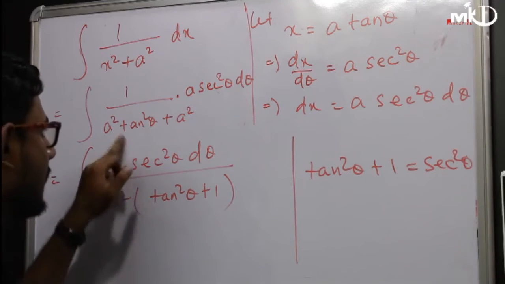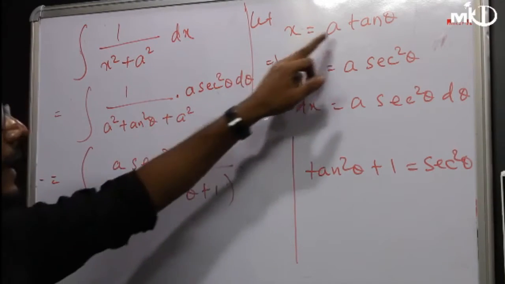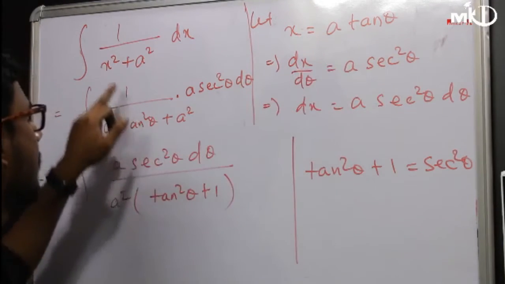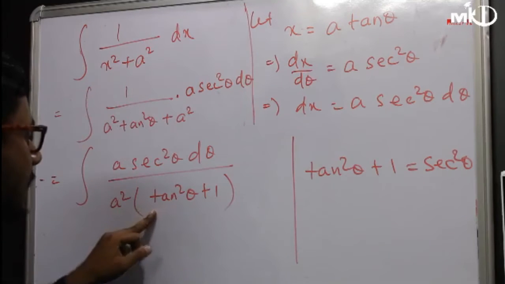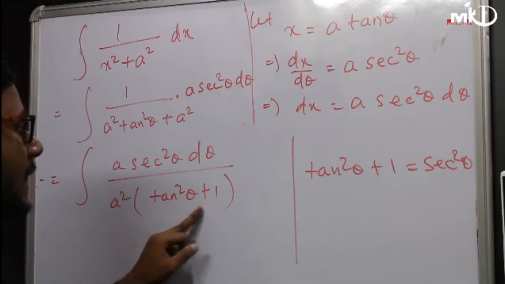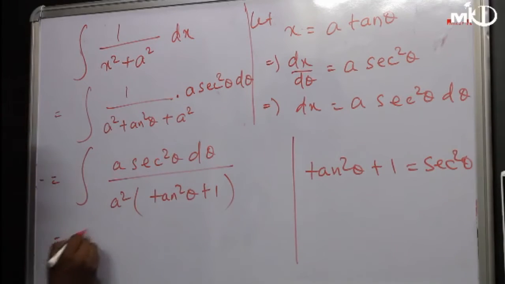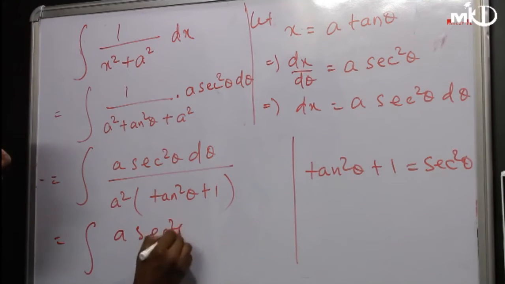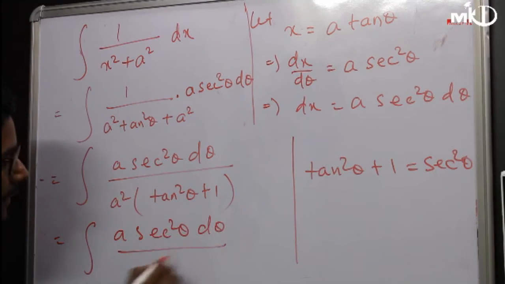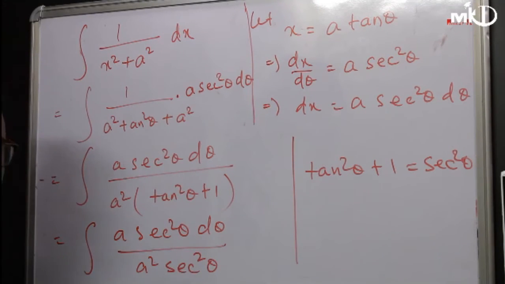Okay. So if we replace x by a tan theta, then it will become a square into tan square theta plus 1, and tan square theta plus 1 is sec square theta. So now we can write a sec square theta d theta by a square sec square theta. Now it becomes very simple, a single term.